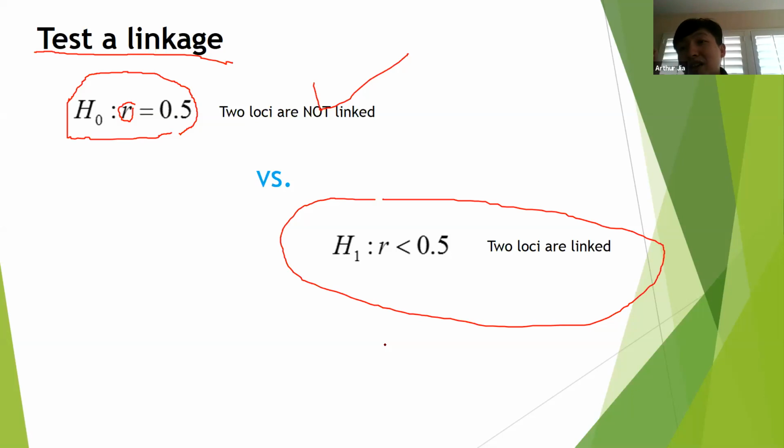They are totally independent from each other, right? However, if your data is not supportive of your null hypothesis, we're going to reject it, and the conclusion will be that the data is not supporting the null hypothesis. We're going to take the alternative hypothesis here, and R is significantly less than 0.5, showing a strong linkage between A and B.